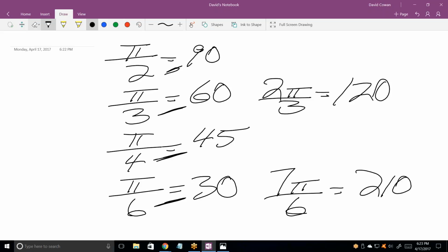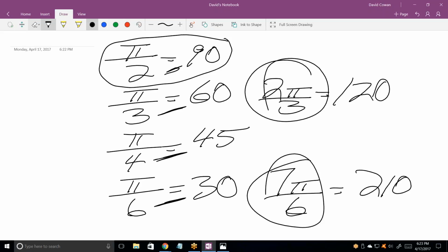Now, to me, that's a much easier way to convert radians to degrees. You only have to know one thing, that the denominator times the angle is equal to 180. And then all of these hard ones, like 2 pi over 3 or 7 pi over 6 or 11 pi over 6 would just be 11 times 30. So to me, this is the easiest way to convert radians to degrees.